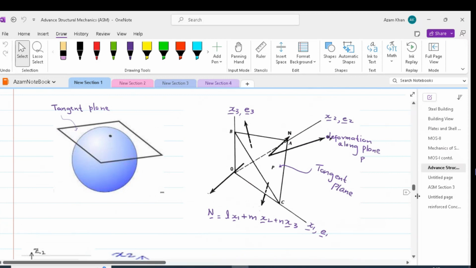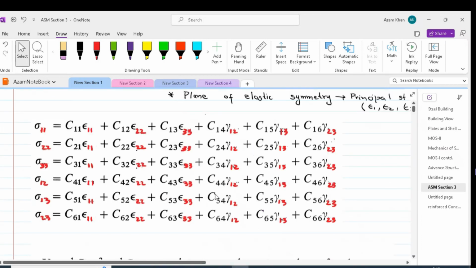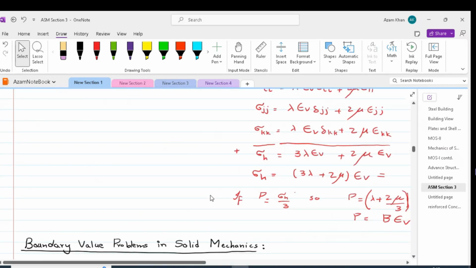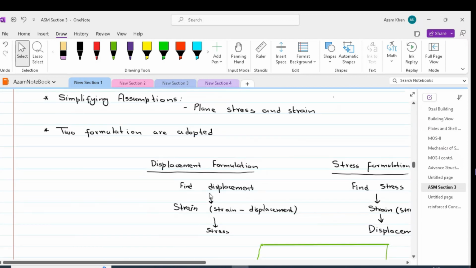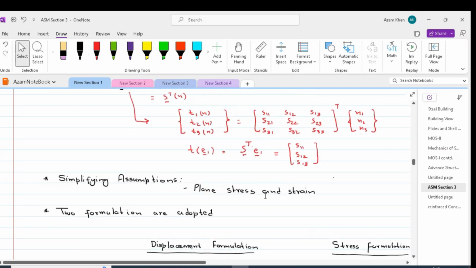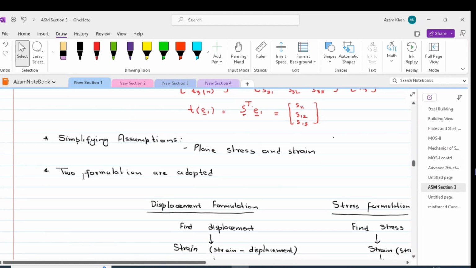And in advanced structural mechanics, we adopt 2 different types of formulations for solving plane stress and plane strain problems. We will discuss what plane stress and plane strain are in a bit more detail. Let's see what the 2 different types of formulations adopted in solid mechanics are.